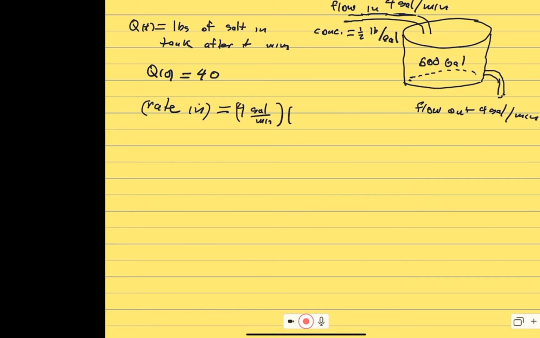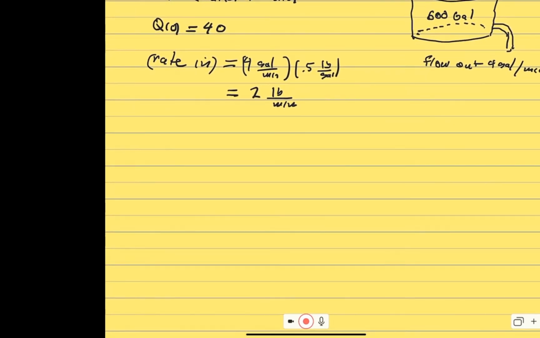And then we have 0.5 or a ½ pound per gallon, which gives us that the rate in is a half of 4, which is 2 pounds per minute.